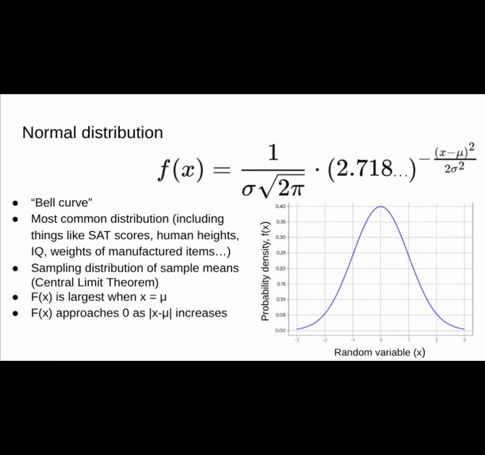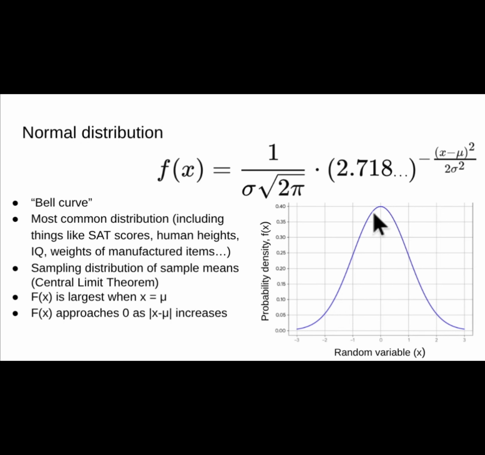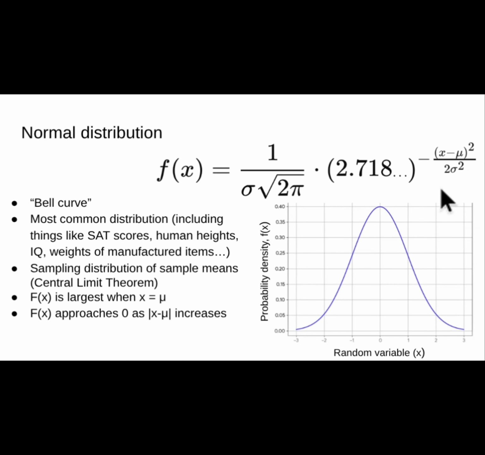Now, every function that depends on x has to have x somewhere in the formula. So this is where the x appears in the formula. For every x value, you plug it in here, and you get a value for the function, and that's the density, which is the value somewhere here on the curve.